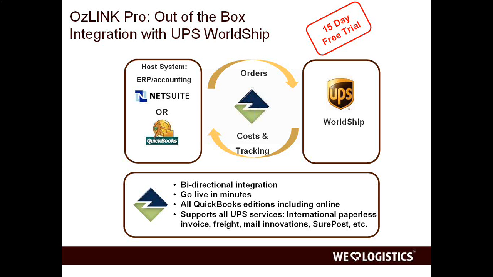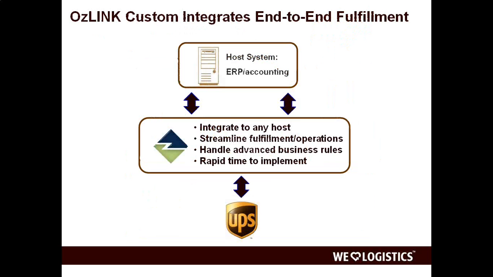As part of that integration, there is support for all of the services available within UPS WorldShip, things like the paperless invoice we've mentioned, UPS Freight or LTL shipping, SurePost, and Mail Innovations. So it is a very well-rounded solution that allows us to leverage all of the UPS capabilities for NetSuite and QuickBooks users. We'll take a look at that in just a minute.